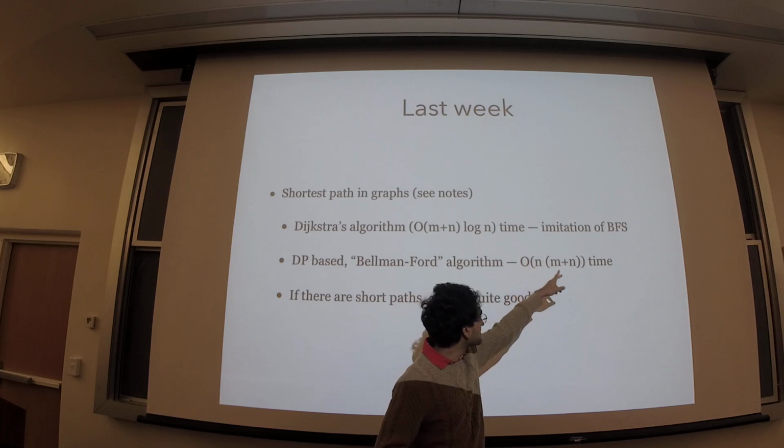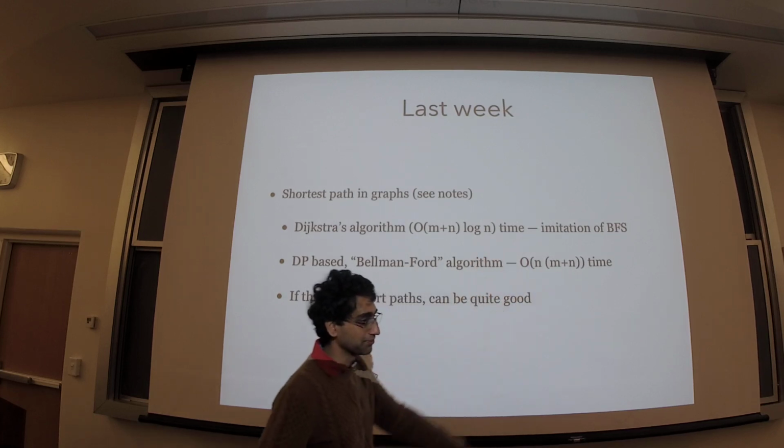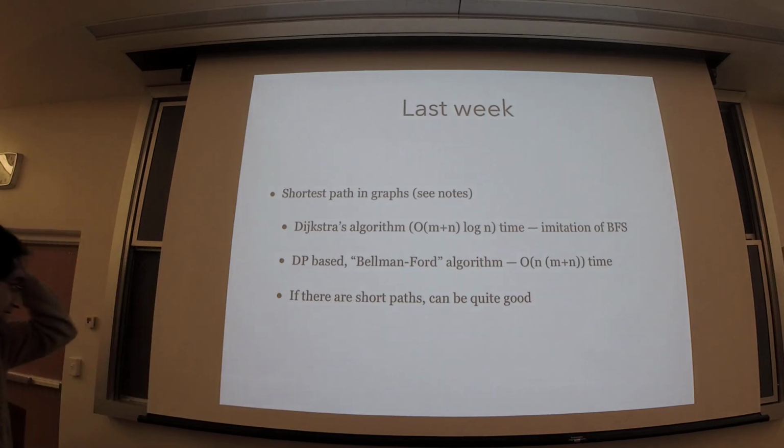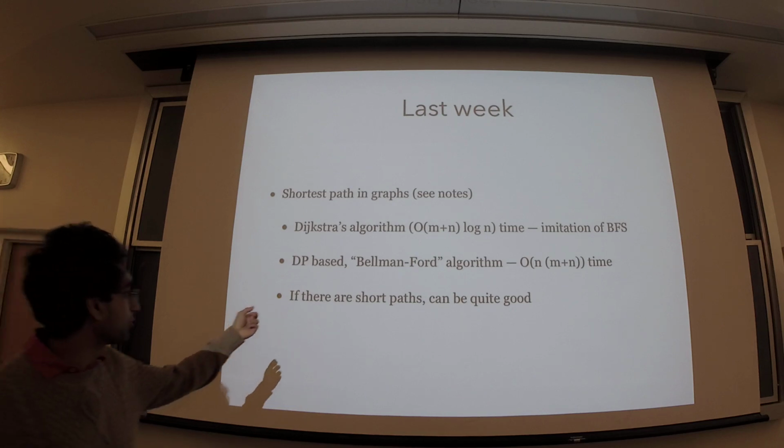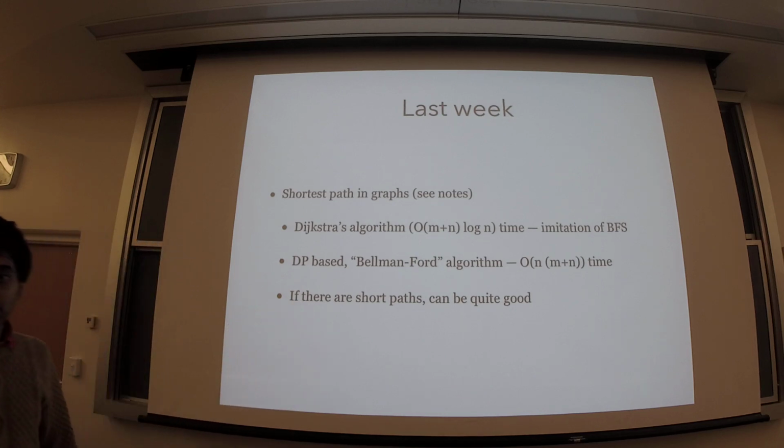So it has n times (m plus n) as opposed to log n times (m plus n). But we said that sometimes Bellman-Ford can be better. For example, if there are pretty short paths between your vertices of interest, then this can actually be quite good. Likewise, if you have some distributed infrastructure, then Bellman-Ford can actually make a reasonable difference.